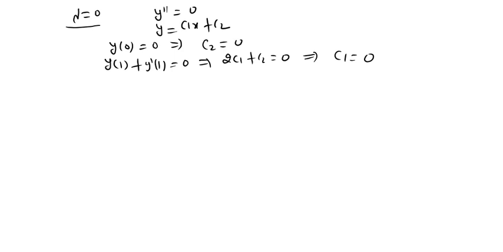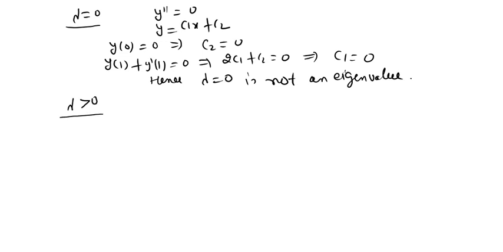So both constants are 0, only the trivial solution. Hence lambda equal to 0 is not an eigenvalue. We are interested in non-zero eigenvalues, the eigenvalues which provide non-zero solutions.